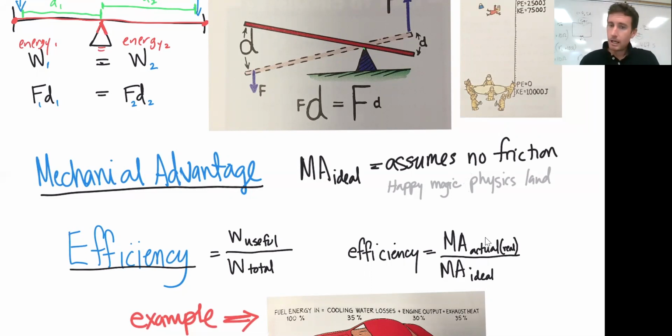All right. Last piece, I believe, is efficiency. Efficiency is how much work is useful out of the total work. So I've done a certain amount of work. How much of the work went where I wanted it to go out of the total amount of energy that I put in?